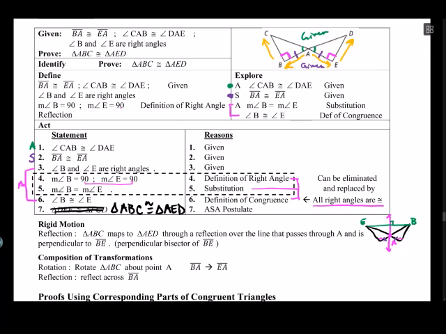Now, what could we do for a composition? Well, if we take these 2 triangles here and let's rotate this triangle this way until these parts match up down here.